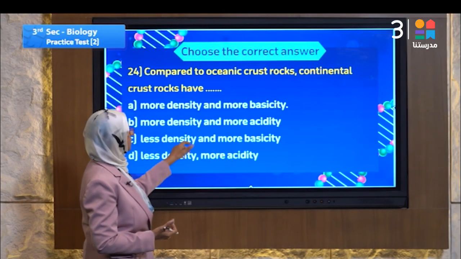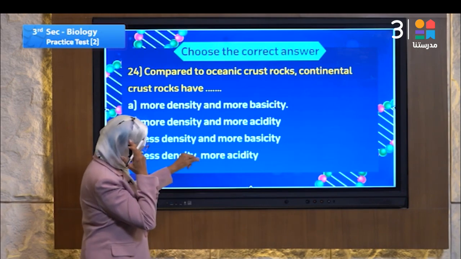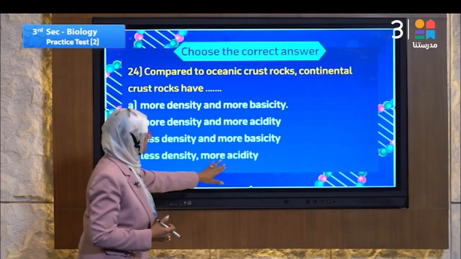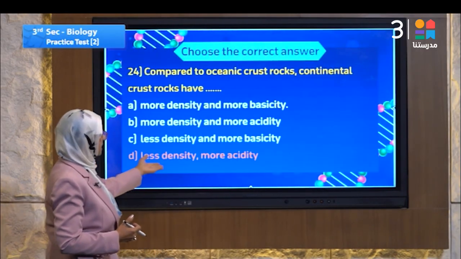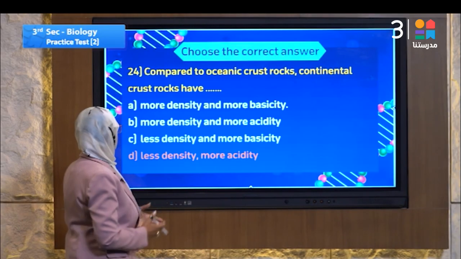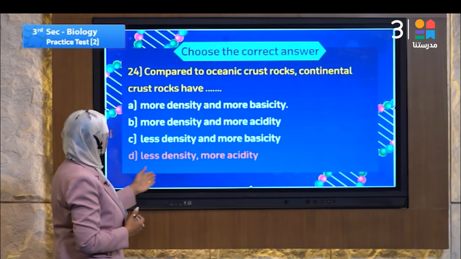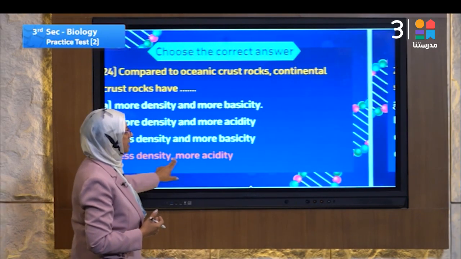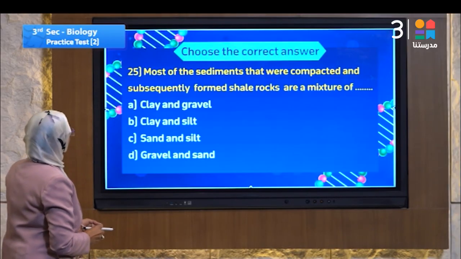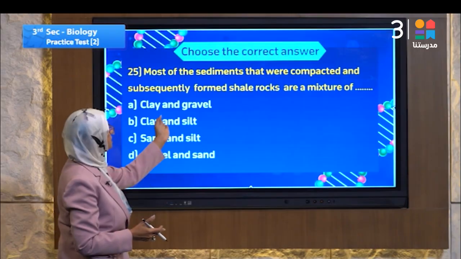Yes, it's less density, but more viscosity, no. Less density and more acidity, that is the answer. That speaks about the continental one because it is fluid, and more acidity because it contains many rocks that have an acidity effect. Let's go to 25. Question 25 speaks about the sediments.